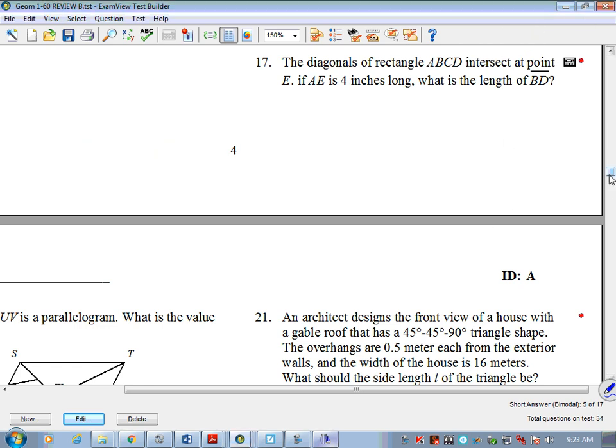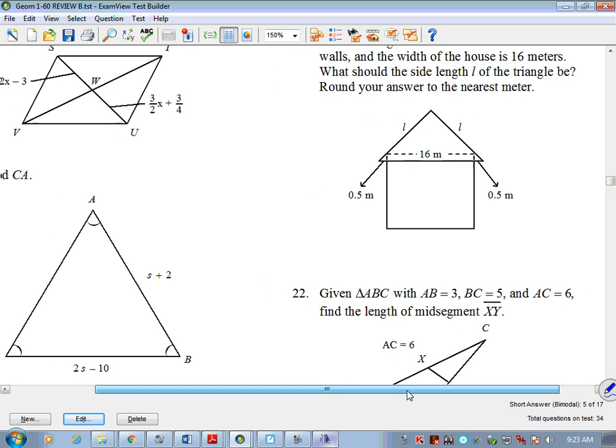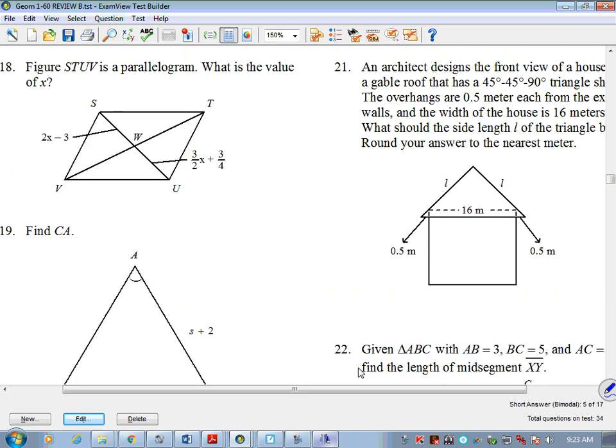Okay, let's come down to number 18. It says figure STUV is a parallelogram. What is the value of x? Same principle again. Because it's a parallelogram, the diagonals bisect, which means these are going to be the same length.